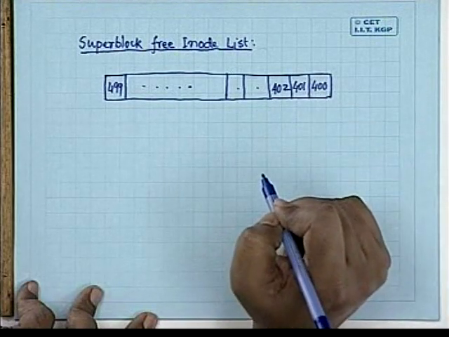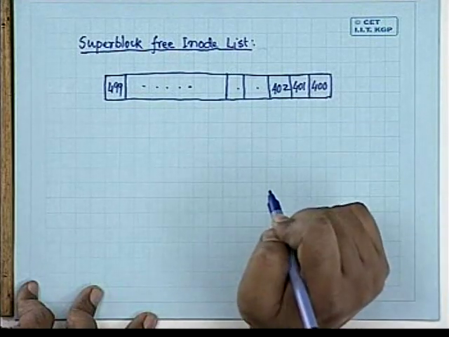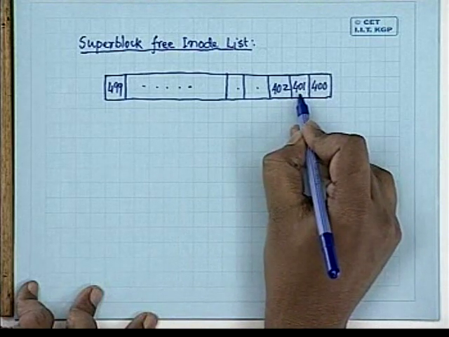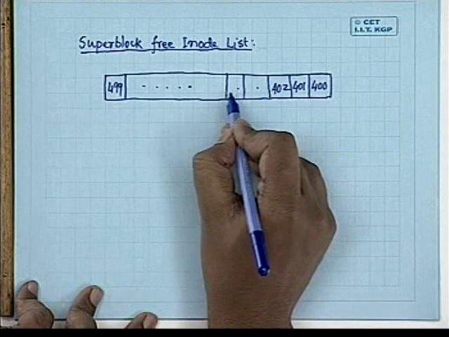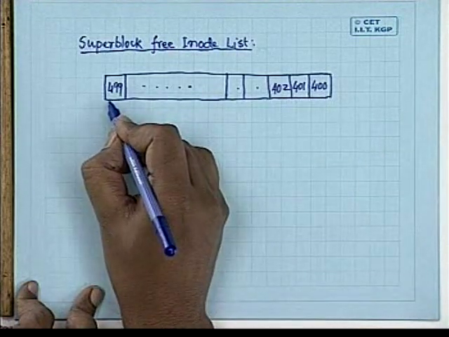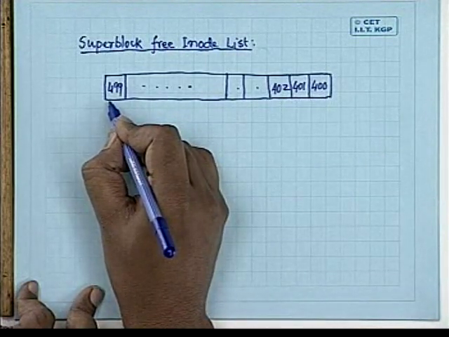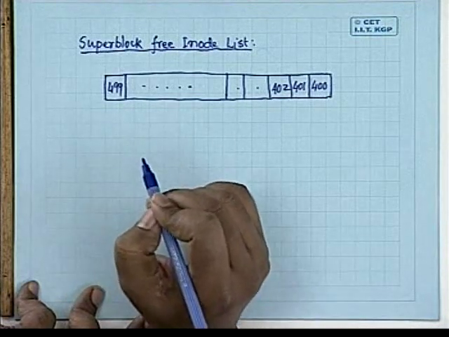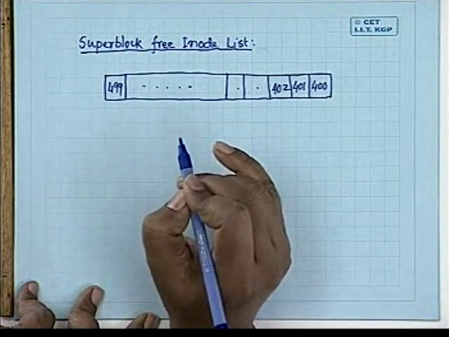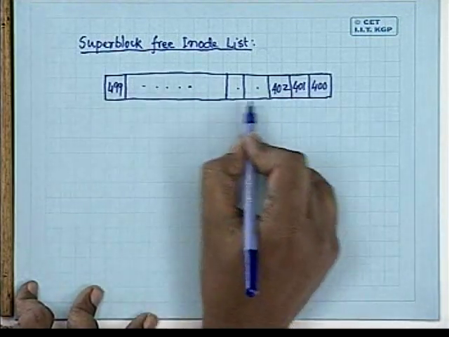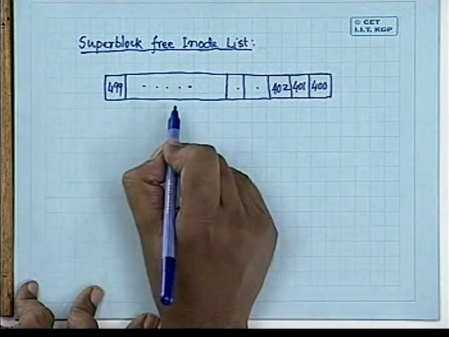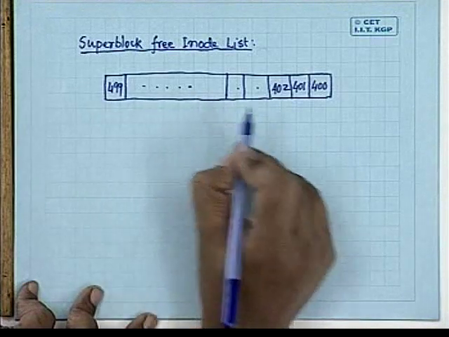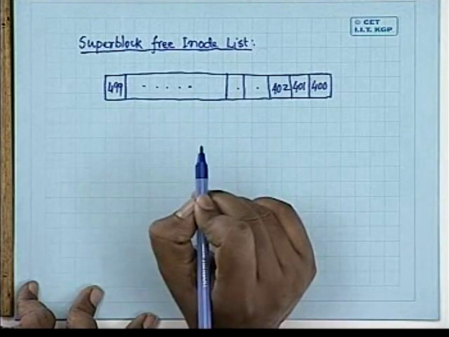Next time another process wants to create a new file or a new directory, the next inode will be given to that process, and it will continue till the end. So whenever a process puts a request for a new inode, always this superblock free inode list will be checked first. If there is an inode in this list, then the inode will be given from this.